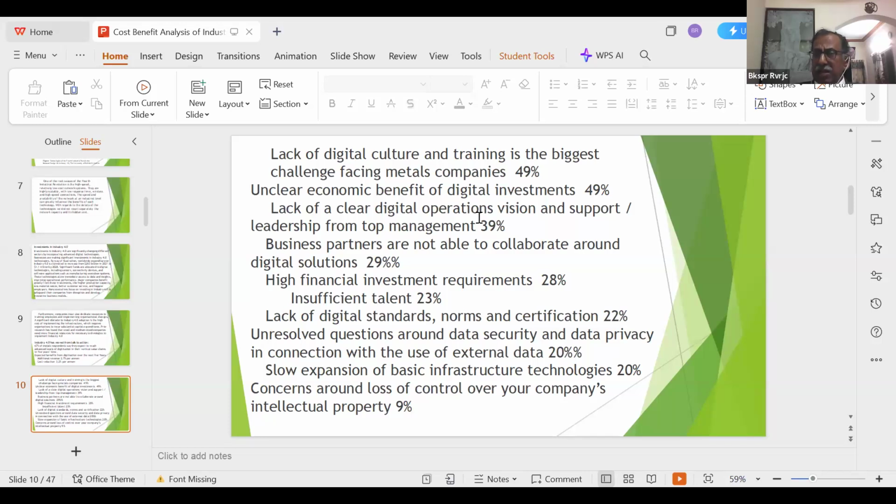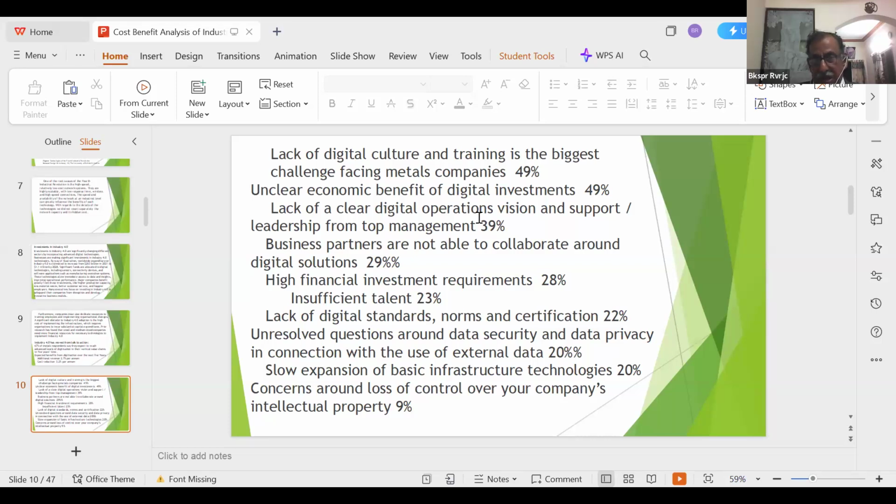All these challenges are identified. Business partners not being able to collaborate around the digital solutions, 29%. High financial investment requirements, 28%. Insufficient talent is 23%. Lack of digital standards, norms, and certification, 22%.